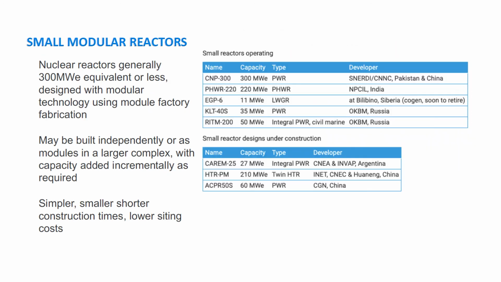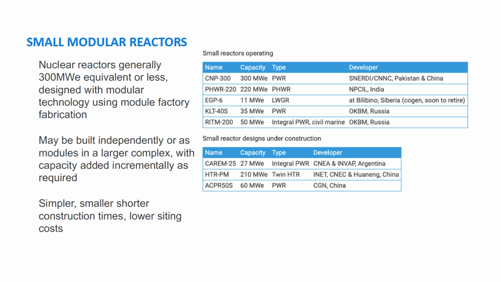The last type of your nuclear power reactors are your small modular reactors, which are still newer compared to the other reactors. Small modular reactors are nuclear reactors that can generally produce up to 300 megawatts electric or less, and are designed with modular technology using module factory fabrication.